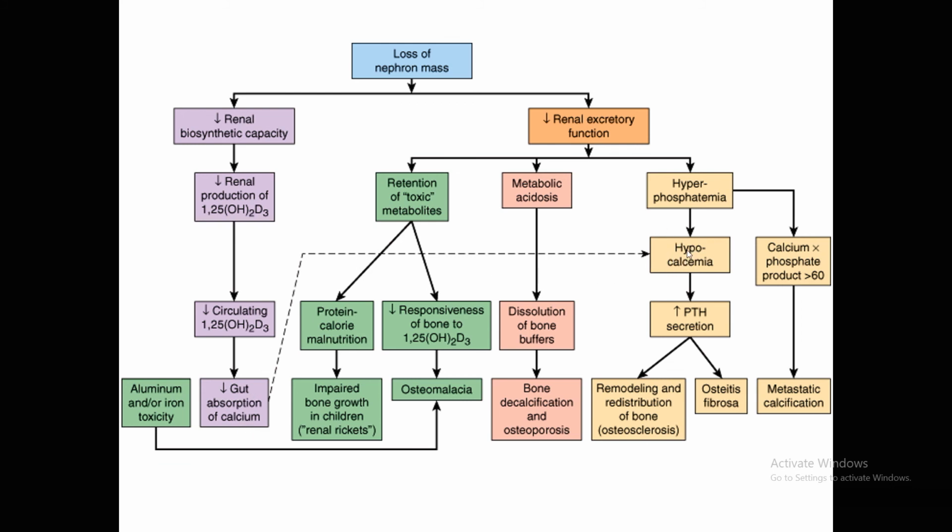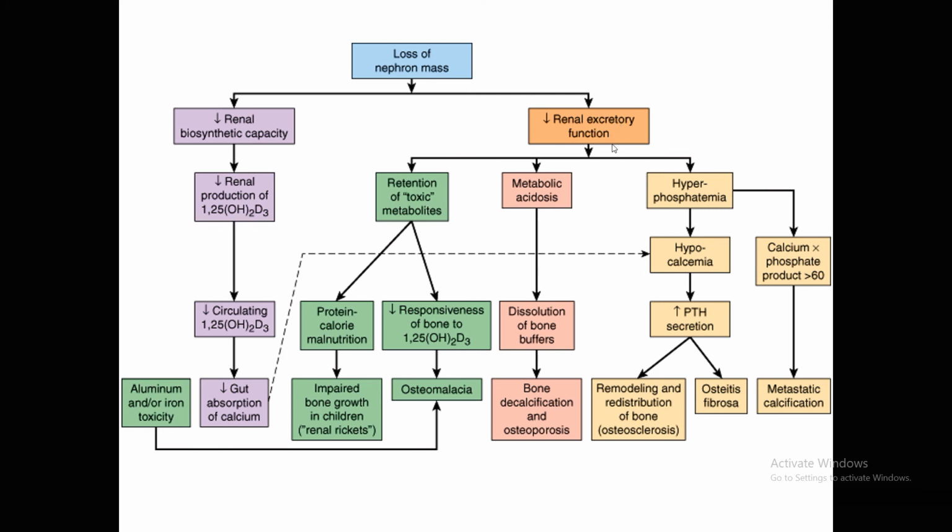Hypocalcemia will be produced that compensatorily will stimulate the parathormone secretion. The parathormone secretion will cause extraction of calcium from bones and produce the so-called osteitis fibrosa, and also remodeling and redistribution of the bone, osteosclerosis.